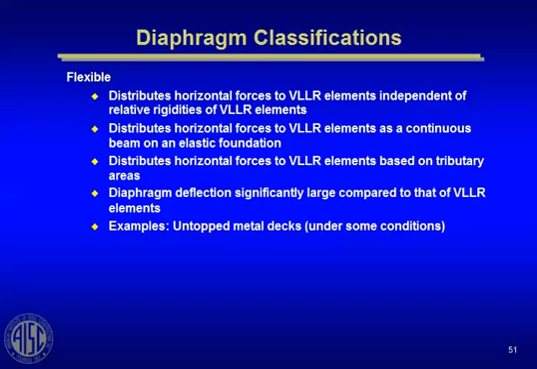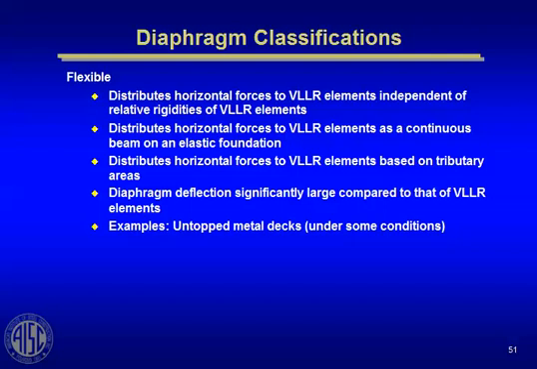At the other extreme, there's flexible diaphragms. They distribute their horizontal forces independent of their rigidities and more by tributary area. You can think of it as a contiguous beam on an elastic foundation, which is a good analogy. Mostly the load's based on tributary area.